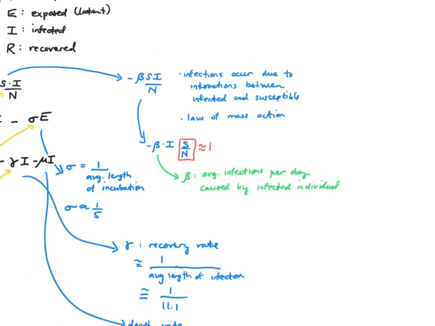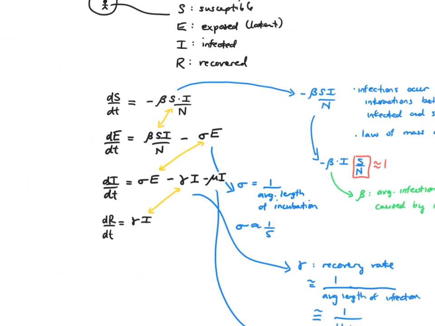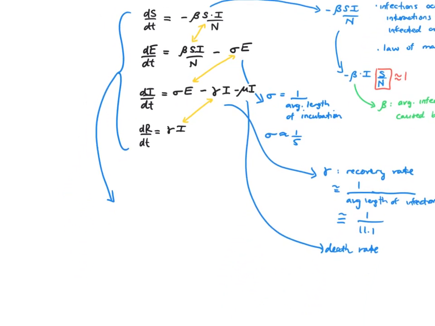All right, so I'm going to come back here. What do we typically do with this? Generally speaking, with these kinds of models, we are not into analytically solving them.